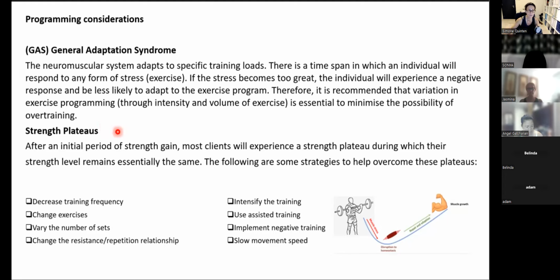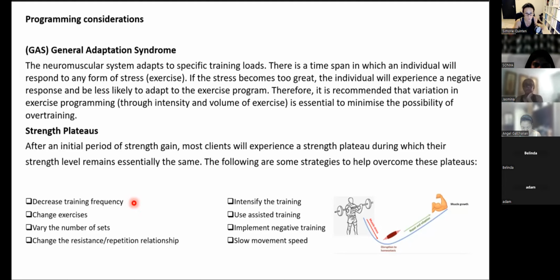Okay. Again, if someone, let's say, trains 6 times a week, and you're so used to this exercise, what I would suggest is to change the training frequency instead of doing every single day. Let's say when you split the body, Monday you do this body part, Tuesday you do this, Wednesday you do this.